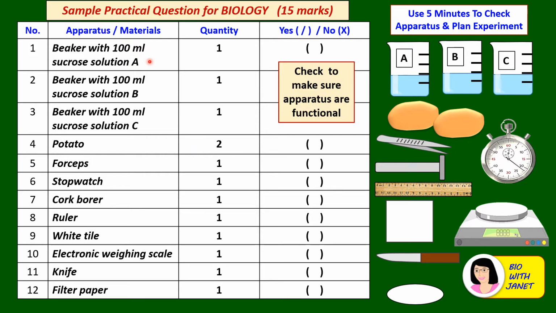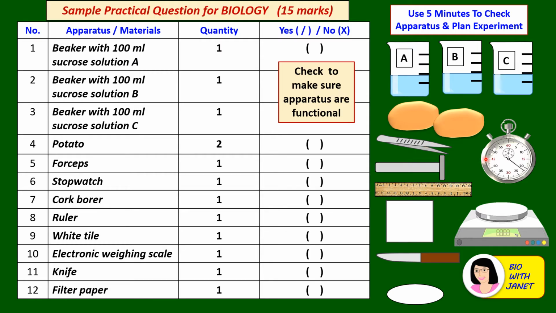Firstly, you are given a beaker with 100 ml sucrose solution A, another beaker with 100 ml sucrose solution B, and another beaker with 100 ml sucrose solution C. Tick them off if they are there. All these solutions are of different concentrations. Number 4, 2 potatoes are given. Then there's a forceps.